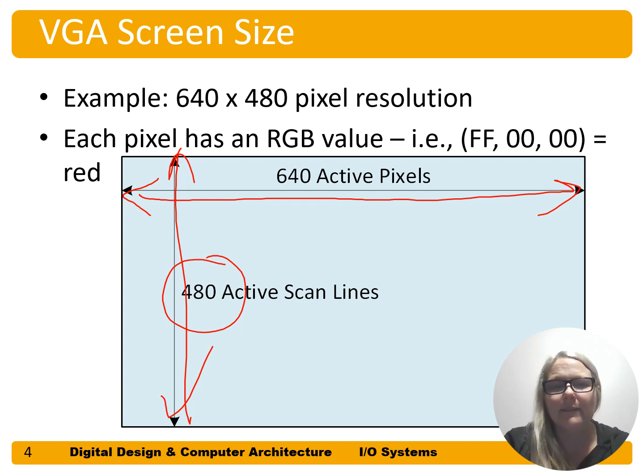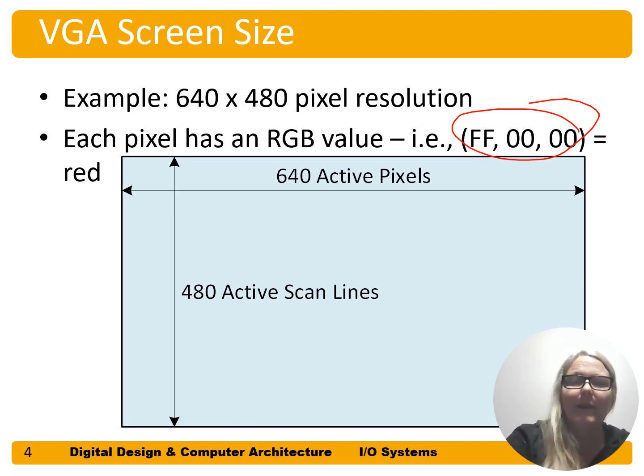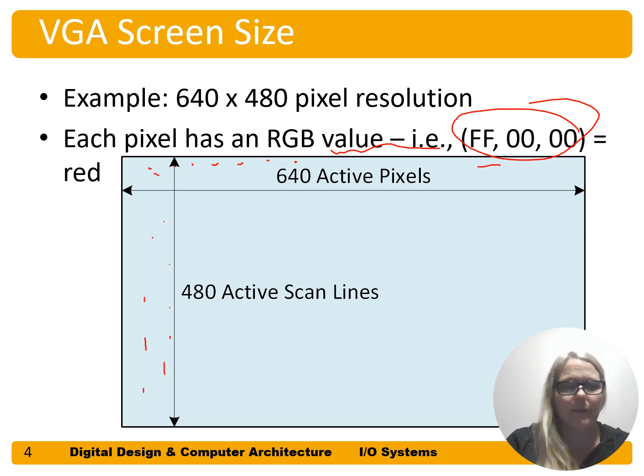And each of those pixels will have the value that we give to it. So for example, if we wanted to make a pixel red, we would make its red value max, and green and blue 0. Okay, and so each of these is a pixel, so there's 640 of these across, and then 480 of these pixels down.